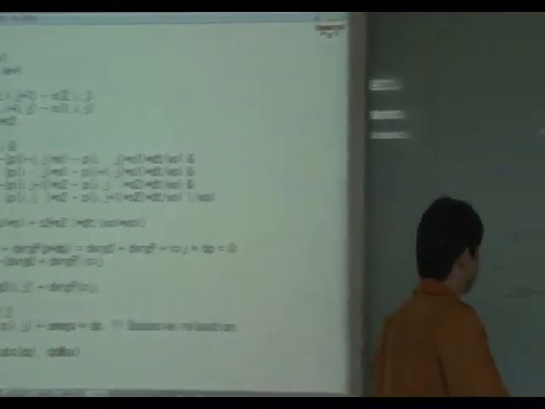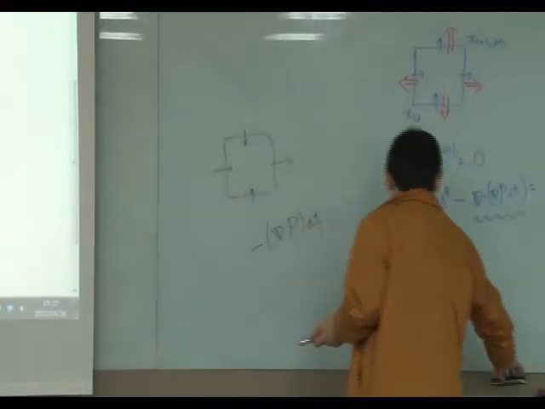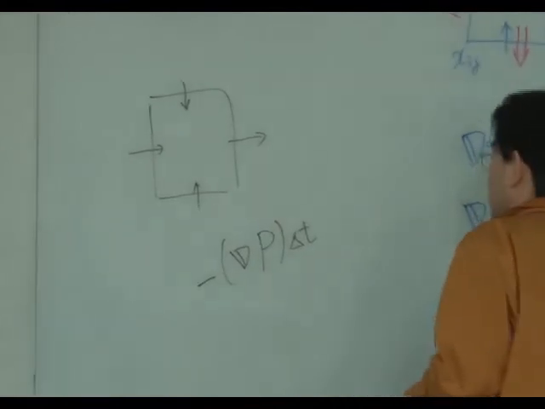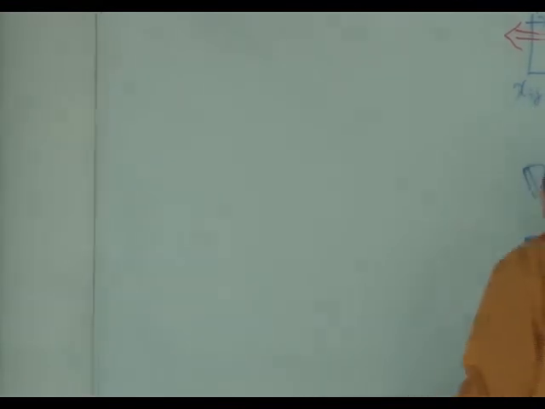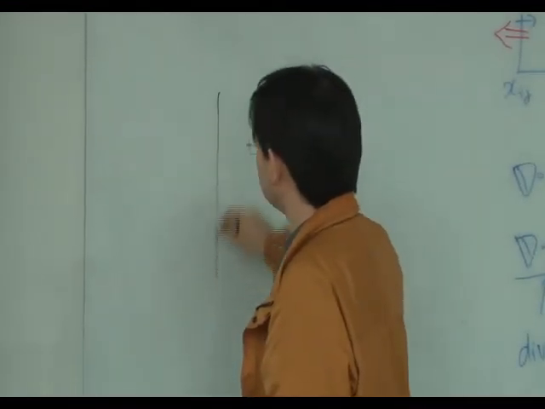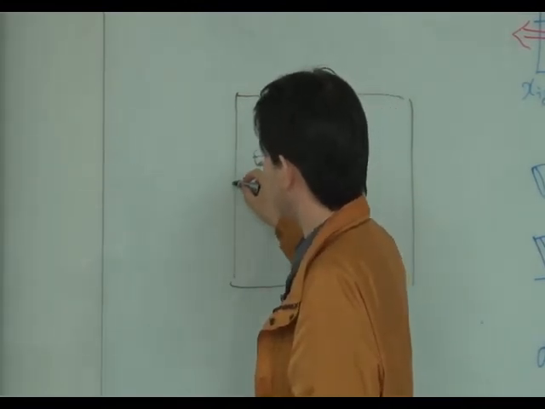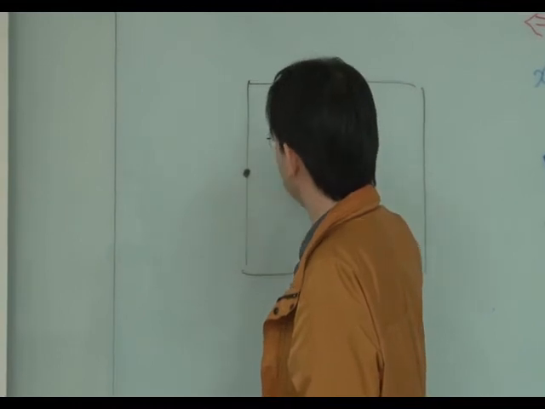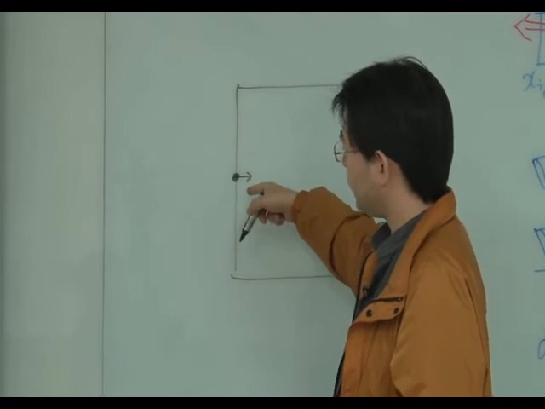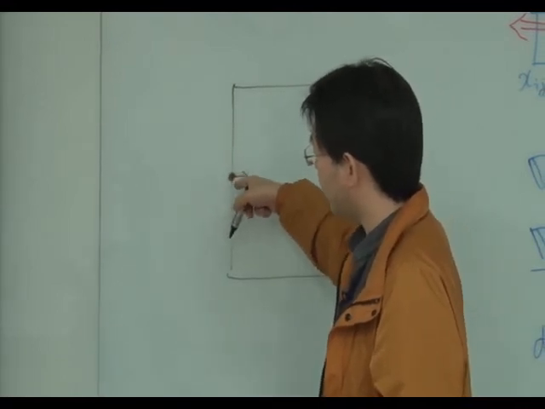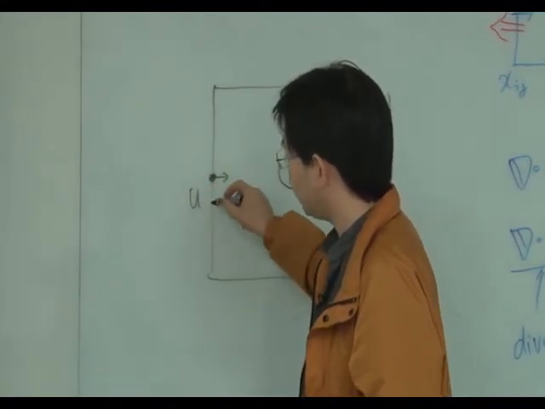For calculating this one, first thing is to get the pressure gradient. It will increase the velocity. This is pressure point, this is U point.